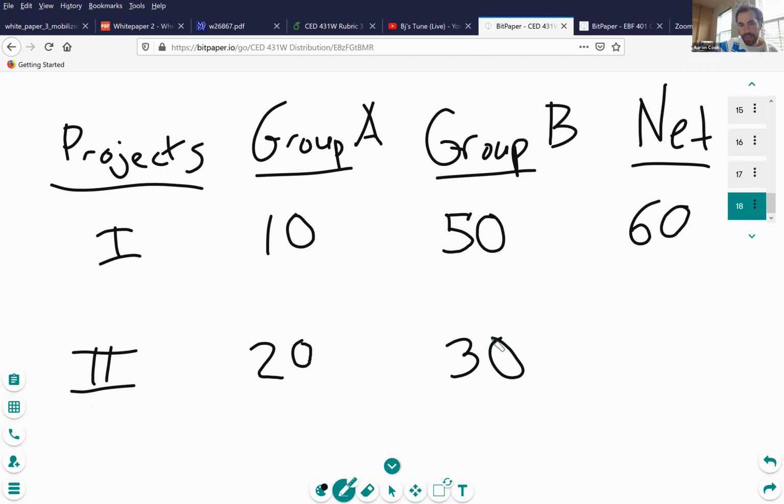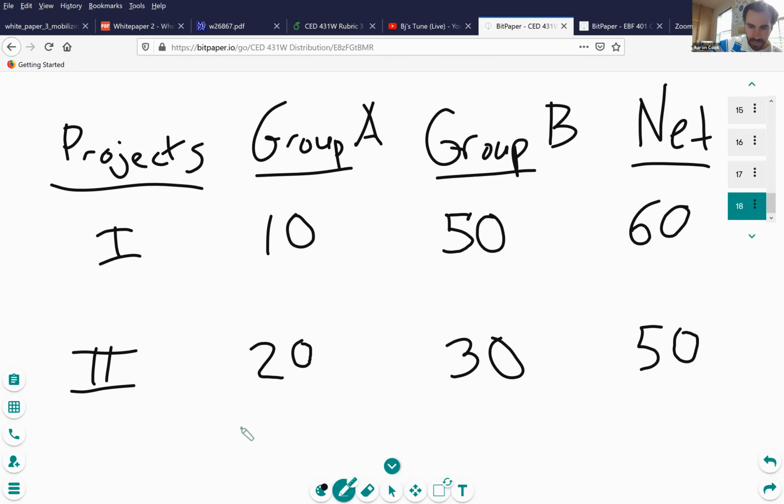And if we add these up, if we think about these as the unweighted net benefits, then we have a net benefit of project 2 equal to 50.